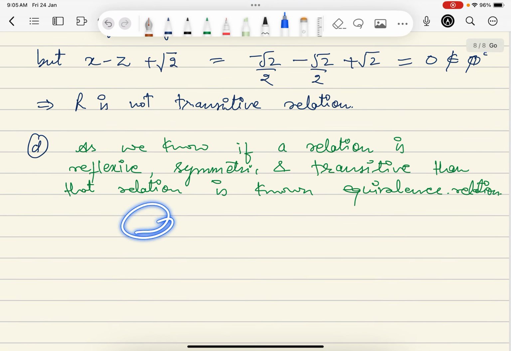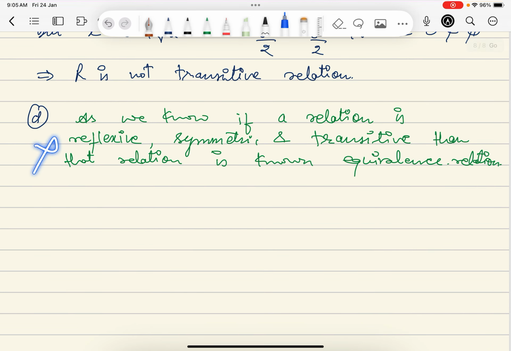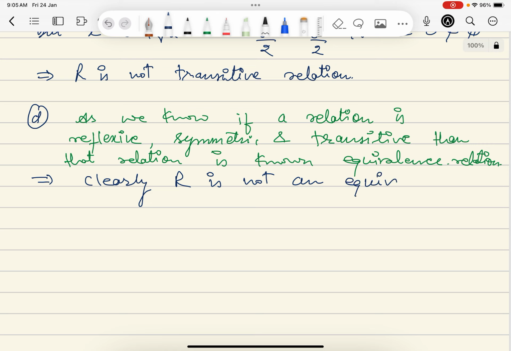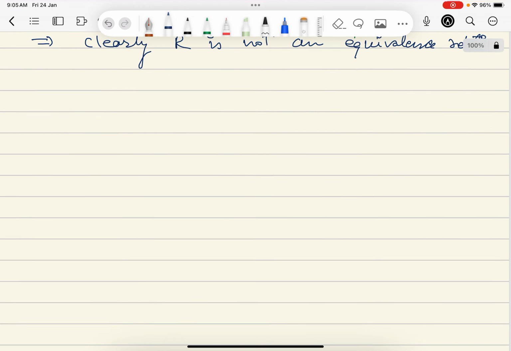Okay, that's why the given relation is not an equivalence relation. This implies clearly R is not an equivalence relation.